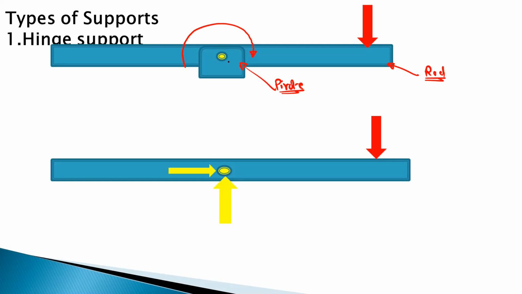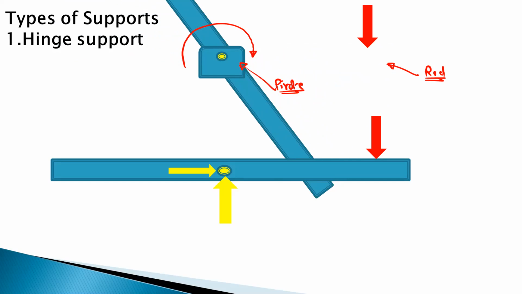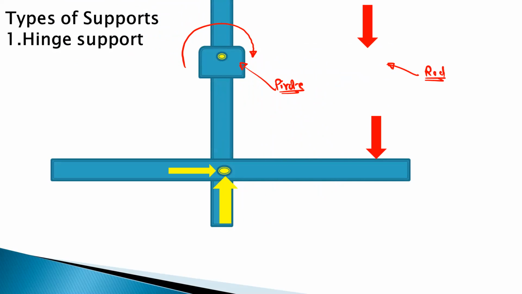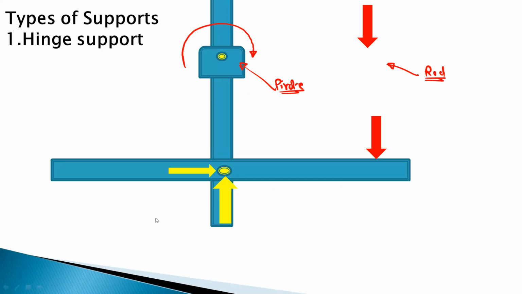Okay. So you can see here in the animation, about this pivot point the object can perform free rotation, but we cannot pull the object from that point. That means it will offer a reaction in the horizontal direction and in the vertical direction.